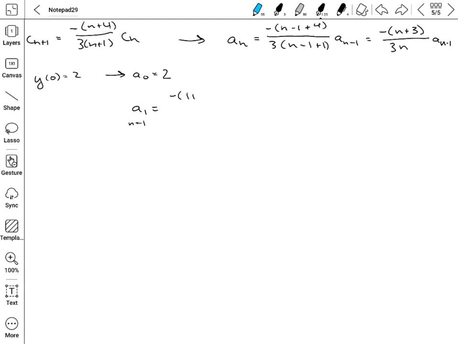So it's minus 1 plus 3 over 3 times 1 times a 1 minus 1 is 0. So that's just minus 4 over 3 times a0, which is 2. We're asked to calculate up to a3. So I'm going to go ahead and do a2 for n equals 2.